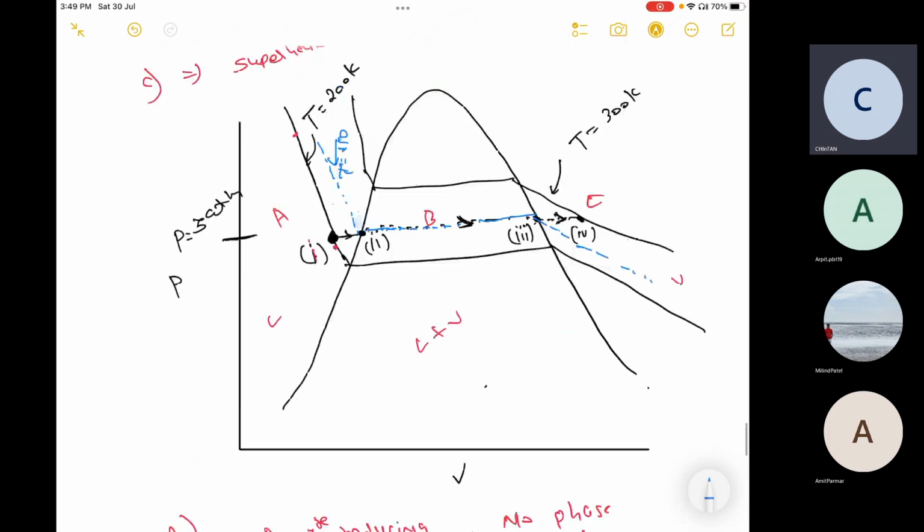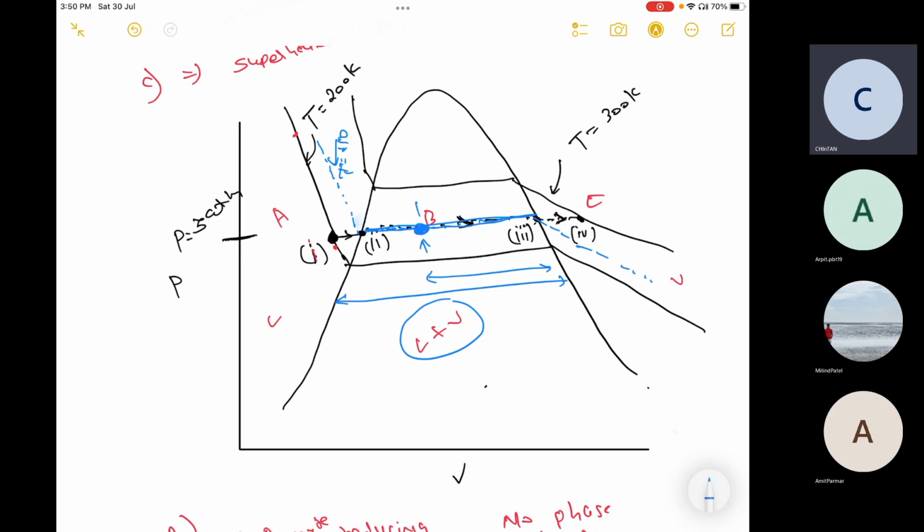In the second one, we are changing the phase, because we are changing liquid to vapor. And at any particular point I can calculate the percentage of liquid versus vapor. Let's say I want to calculate the percentage of liquid at this point, then I will consider this height divided by the entire height.